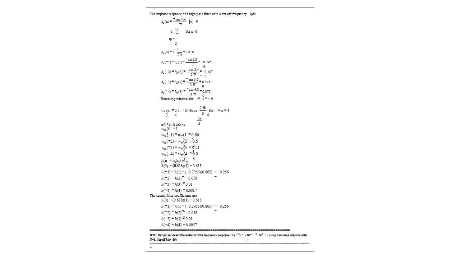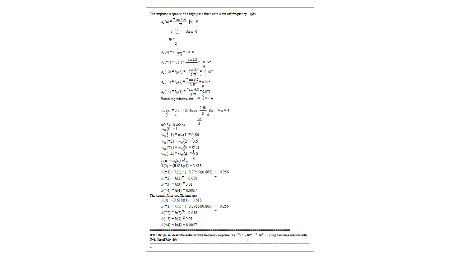So wh of 0 is equal to 1, and wh of minus 1 is equal to wh of 1 is equal to 0.86. Next wh of minus 2 is equal to wh of 2 is equal to 0.54. Wh of minus 3 is equal to wh of 3 is equal to 0.215, and wh of minus 4 is equal to wh of 4 is equal to 0.08.